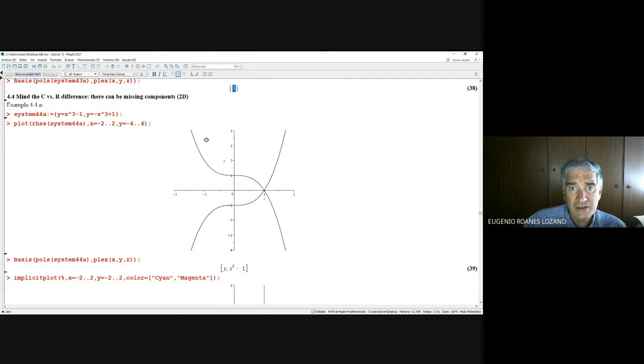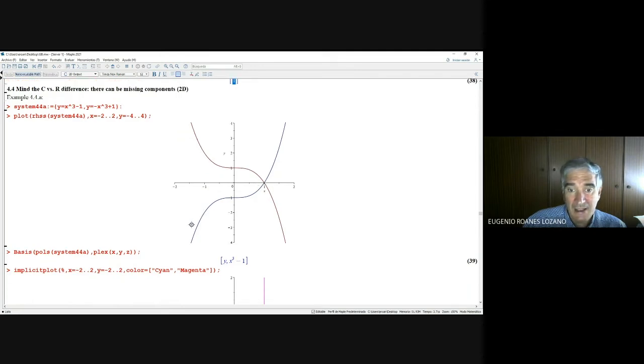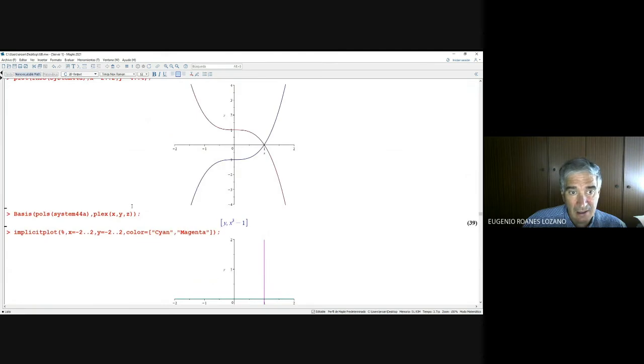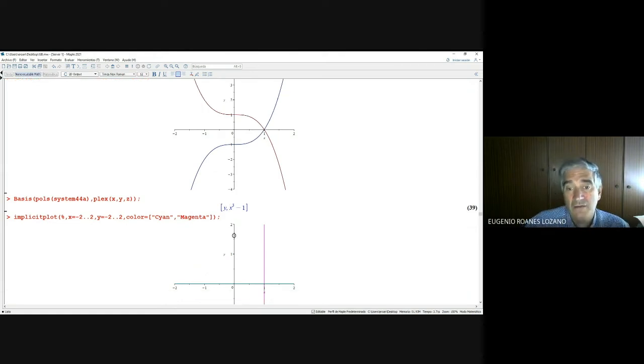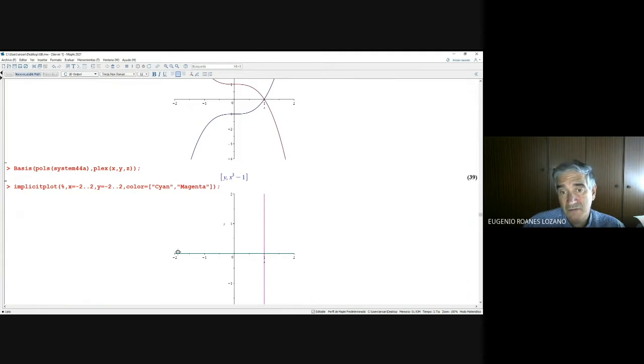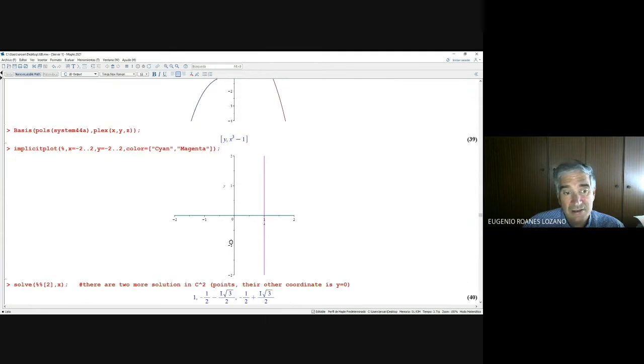For instance, if we intersect these 2 cubics, there's only one point as intersection. But if we obtain the Gröbner basis, we have a simpler description as above, intersection of 2 lines.